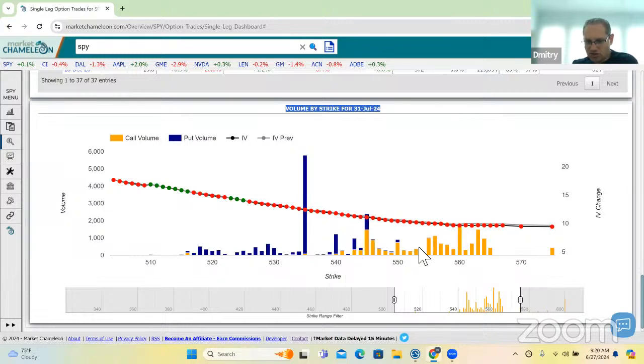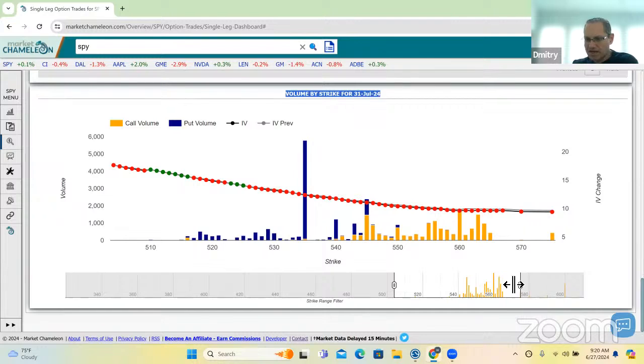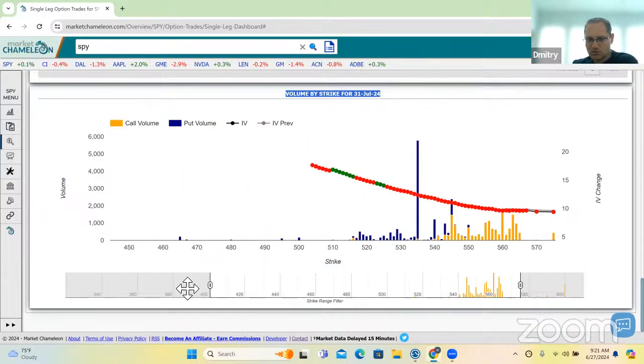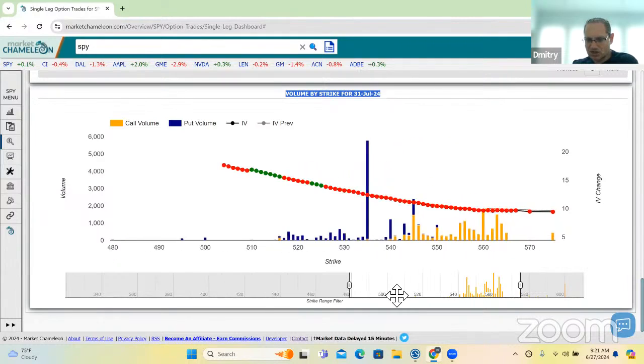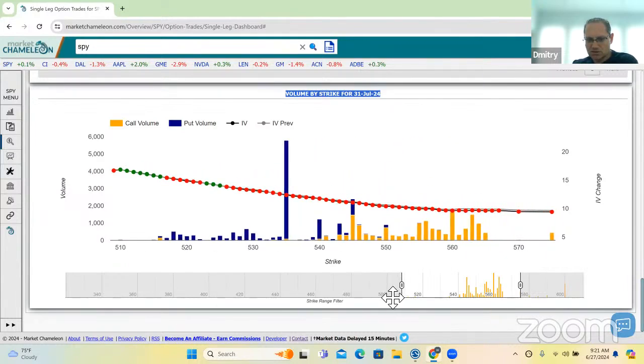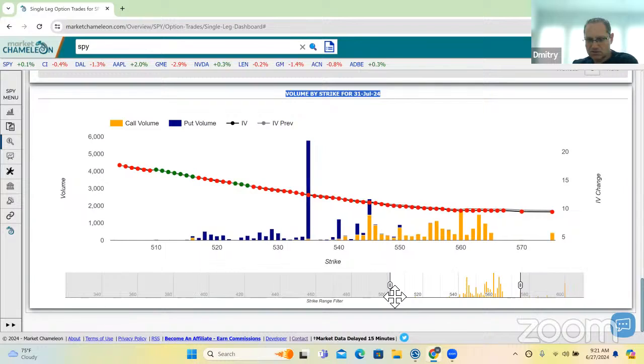So these are different strikes here. And SPY happens to have a lot of strikes, so this narrowed it down for us around the at-the-money, but we could expand it if we wanted to. But let's just concentrate where the volume is. So I'm going to keep it there.